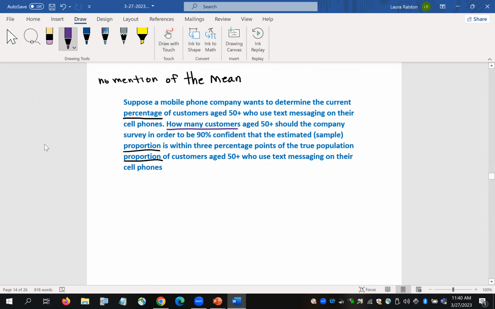Which gives me the clue that I need to do a sample size estimation. And again, I'm doing a sample size estimation for a proportion because the problem itself has no mention of the mean.